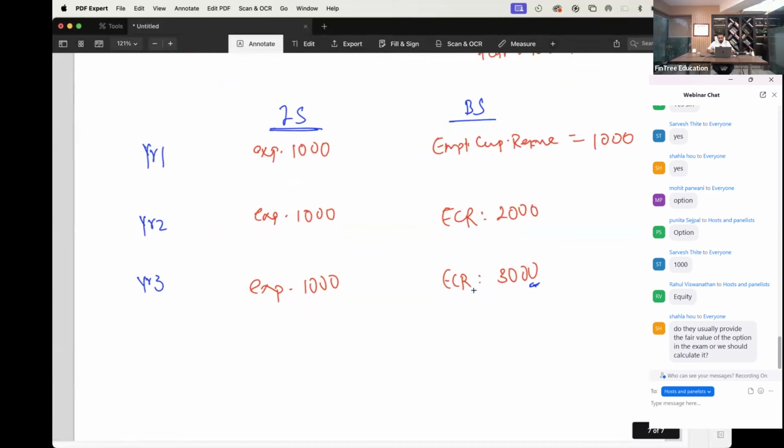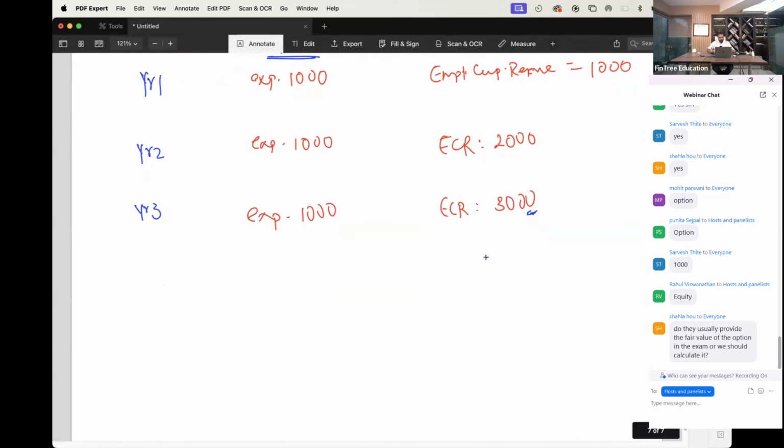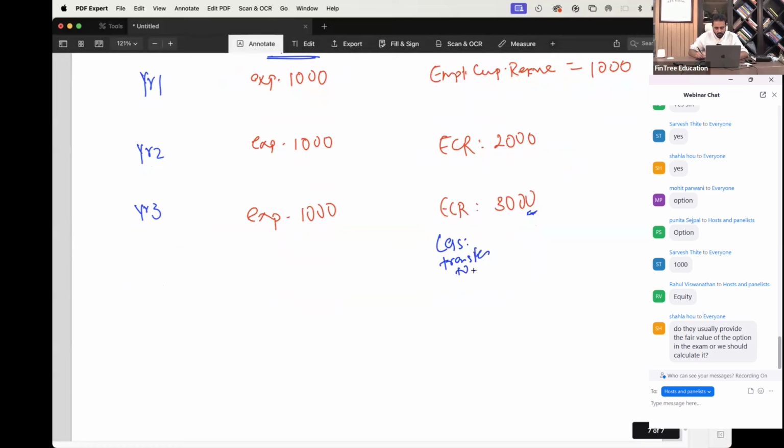So the way you're going to do the entry at the end of year 3, step number 1: employee comp reserve 3,000 less, transfer to paid in capital 3,000. First, you make this reserve 0 and you transfer that money to paid in capital. But that's not sufficient. Second effect, cash received.